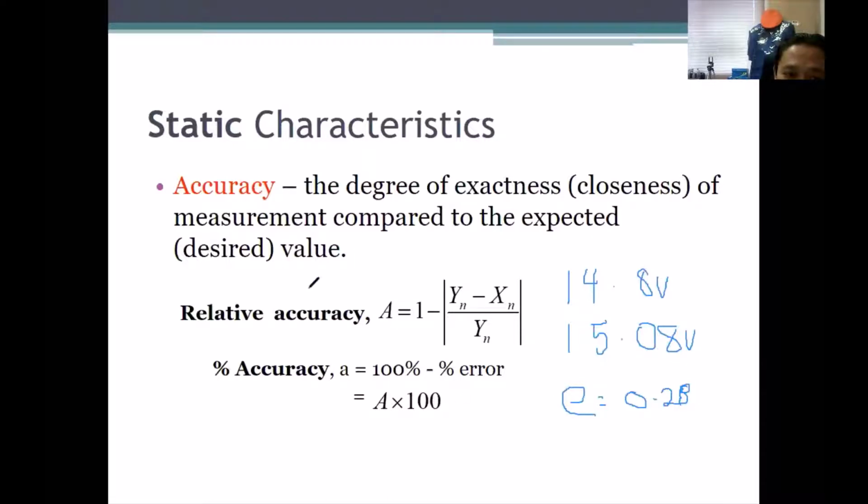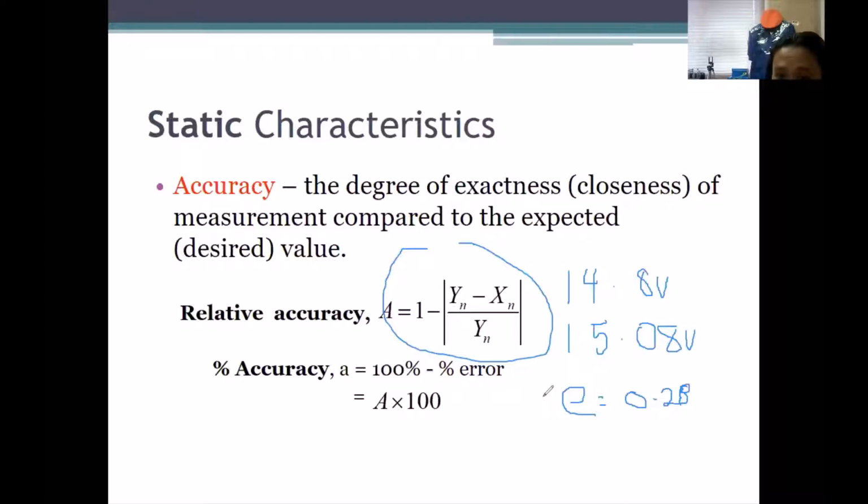If you want to calculate the accuracy, you have to use this formula: 1 minus the expected value minus the measured value, divided by the expected value. For example, 0.28 divided by 14.8, and then multiply by 100.